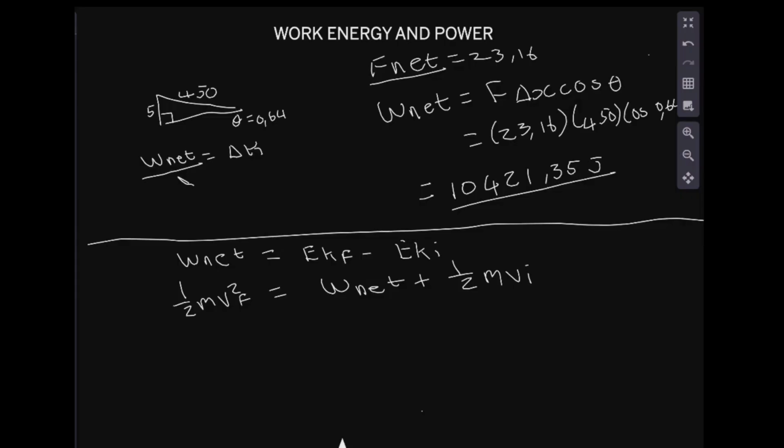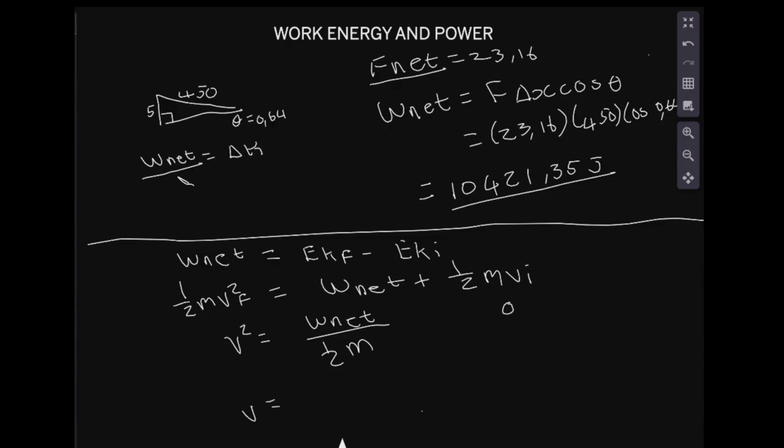So we know that the initial velocity is 0, right? So that's 0. Then we can say that v squared is equal to work net divided by a half m.